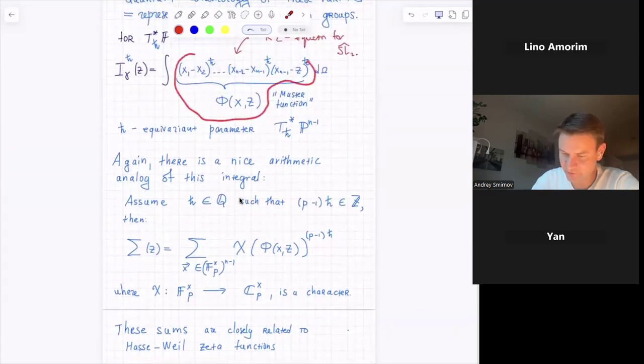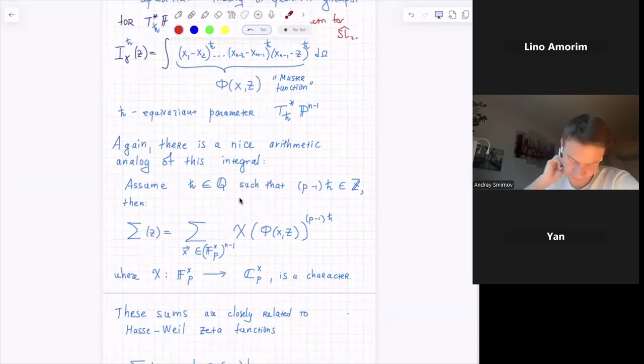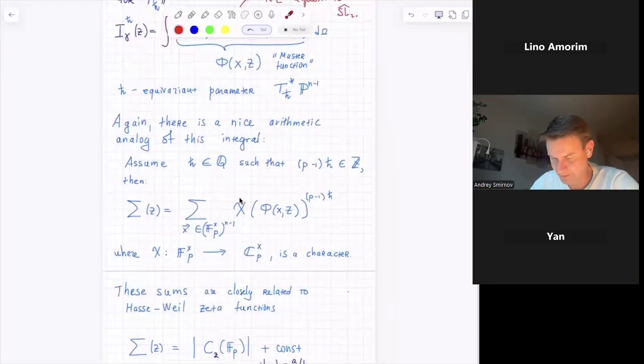So I denoted by phi this object, raised to the power p minus 1 times each h bar. And chi denotes a multiplicative character. So it's a character from the multiplicative group of a finite field to the p-adic field. Very explicitly, it's given by the Teichmüller representative. If you take an element, there is a well-defined element which corresponds to it here.